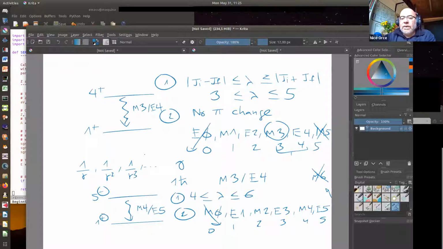So these are the things that we need to know. Very simple: there's a parity change, there's no parity change. These are the ranges of angular momentum that we can have for a gamma radiation. That was very simple, 5 points per transition.